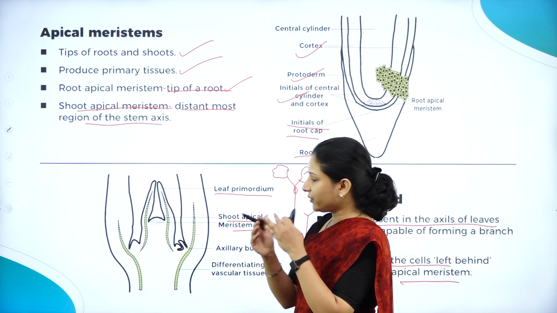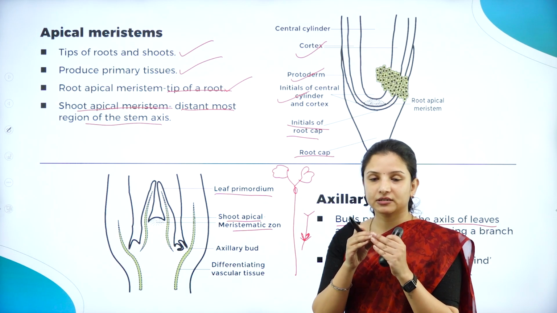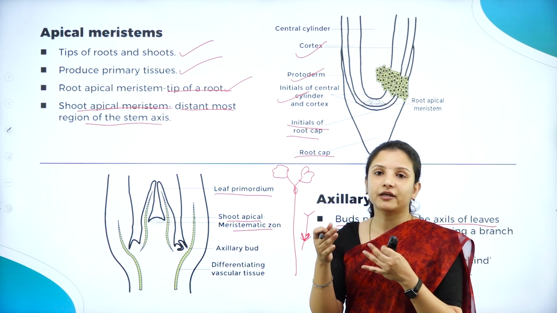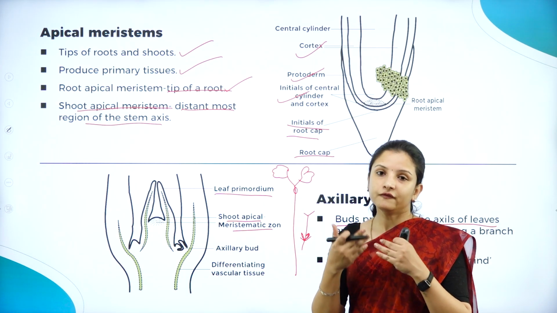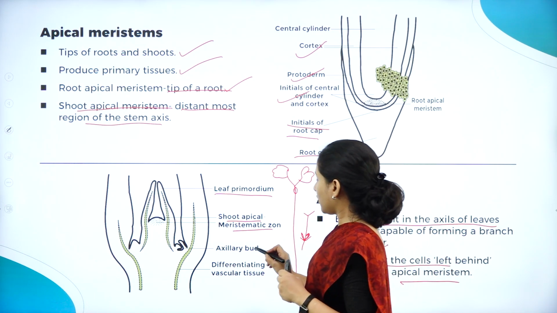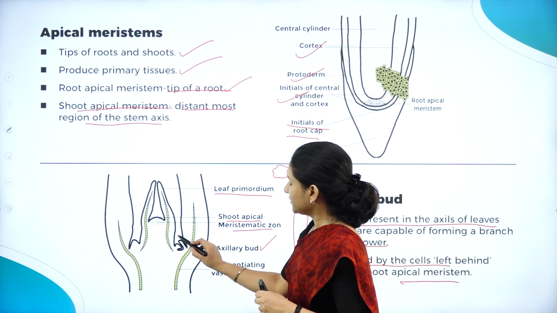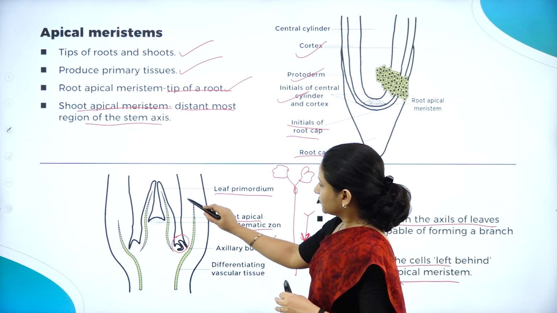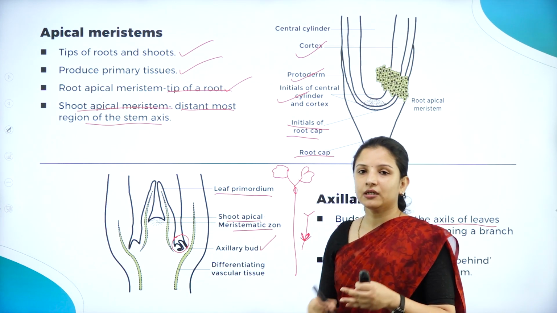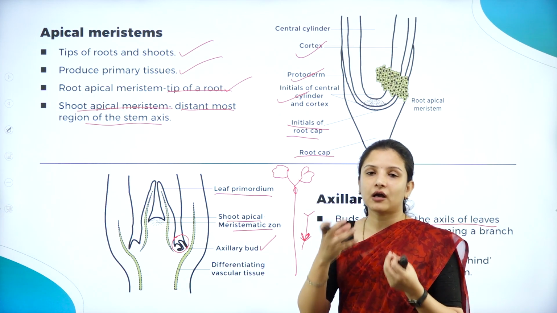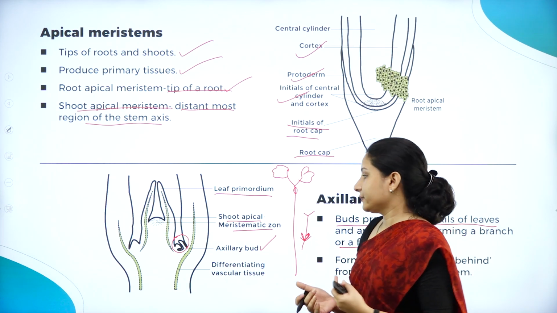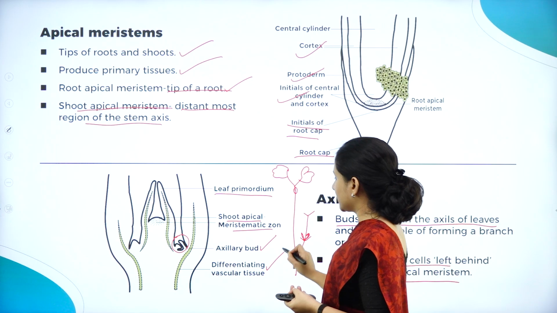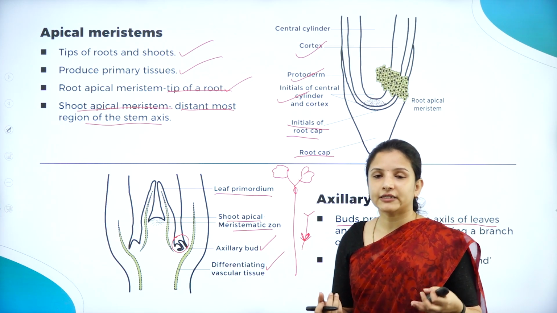In between, the apical meristems will also be present, which will give rise to the formation of a new flower or a leaf. And also the axillary bud is present. Imagine this to be the leaf or a new branching. In that particular region, flower development will also take place, and also differentiating vascular tissue. So what are the vascular tissues?